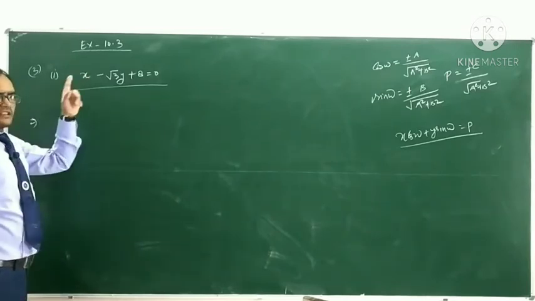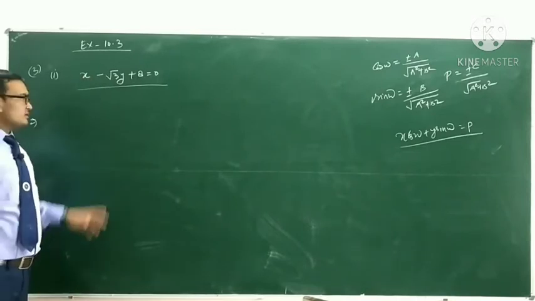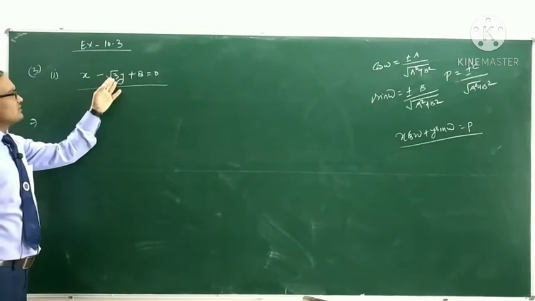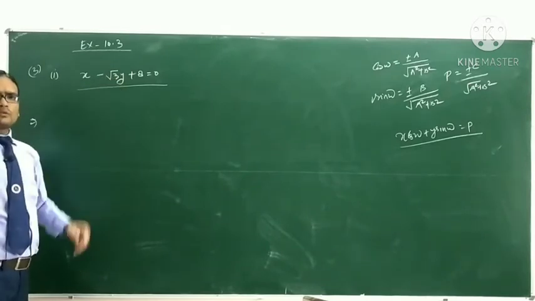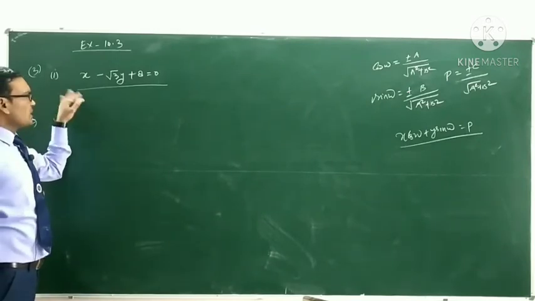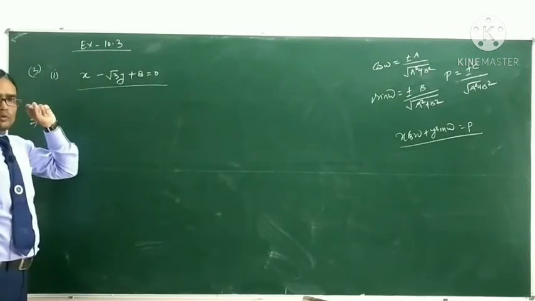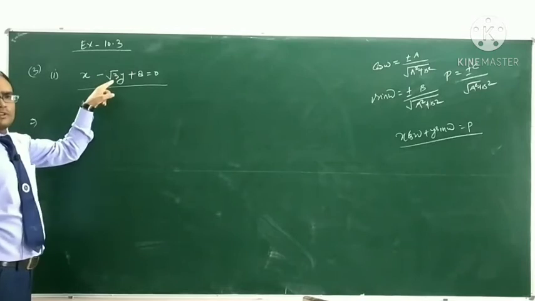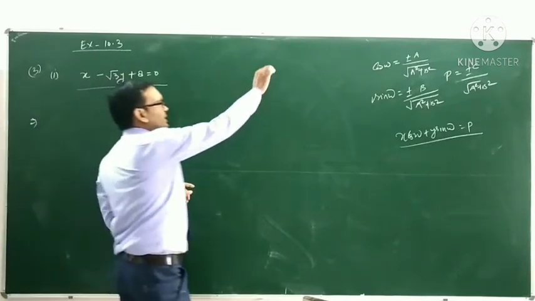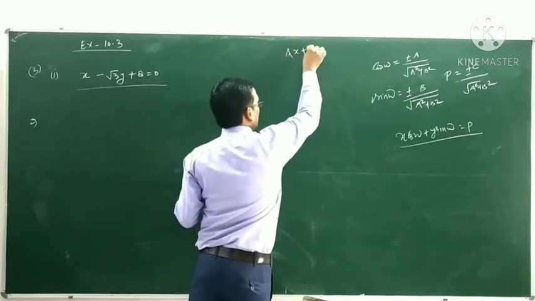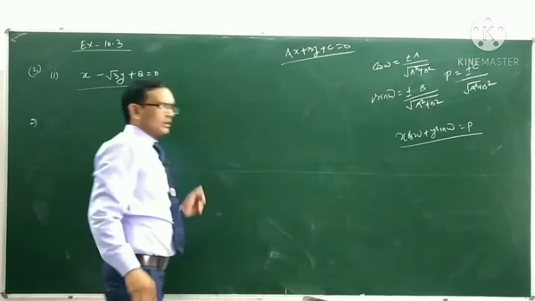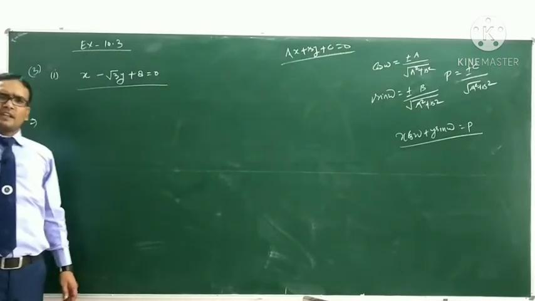The coefficient of x equal to 1 and the coefficient of y equal to square root 3. That means the value of capital A equal to 1 and the value of capital B equal to square root 3. We compare with equation ax plus by plus c is equal to 0 and find the values of a, b, c.